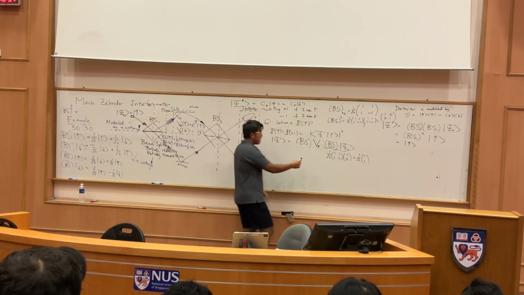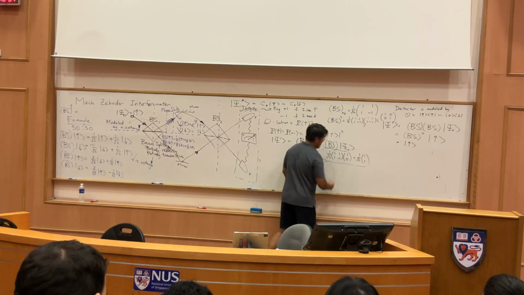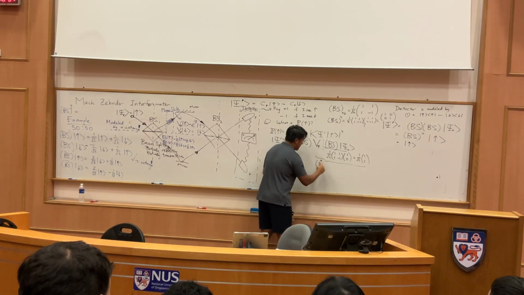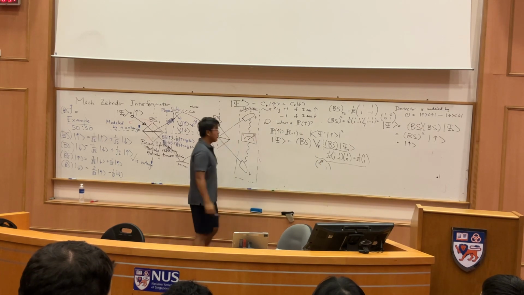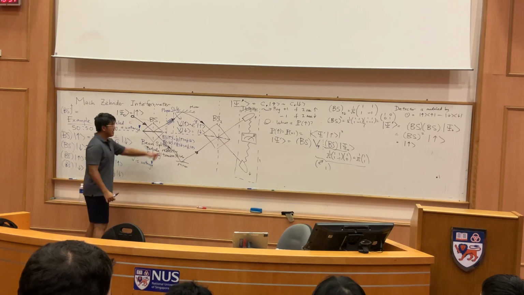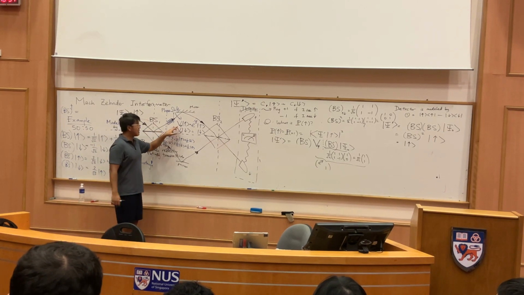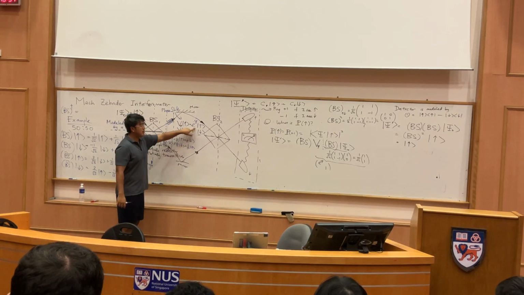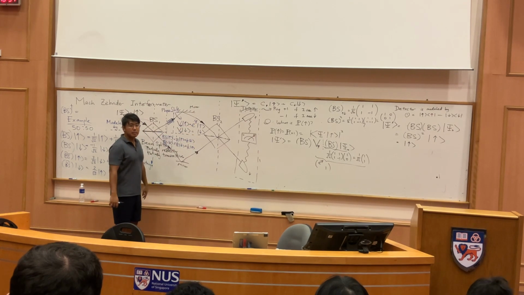Now I apply V onto this new state. This V is given by the matrix form, (e to the i phi, 0; 0, 1). Hopefully you can see that, right? Because this V imparts a phase of e to the i phi on the first component, and 1 on the second component.